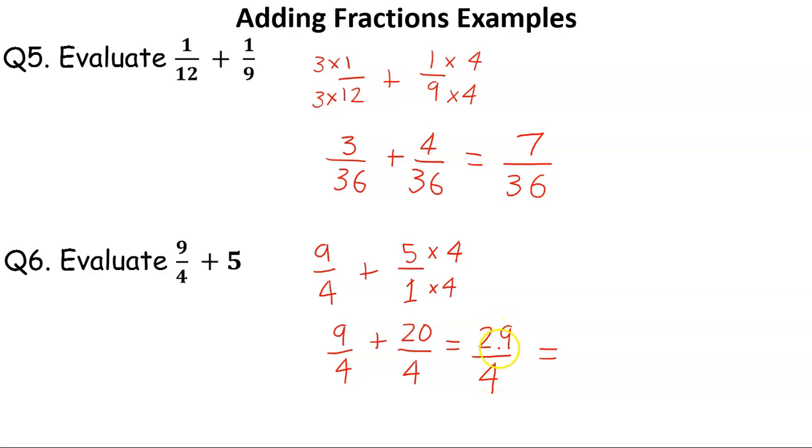So 29 divided by 4 will be 7. I have 1 remainder, and I keep my original denominator. So 29 over 4, or 29 quarters, is going to be 7 1/4. That's my final answer.